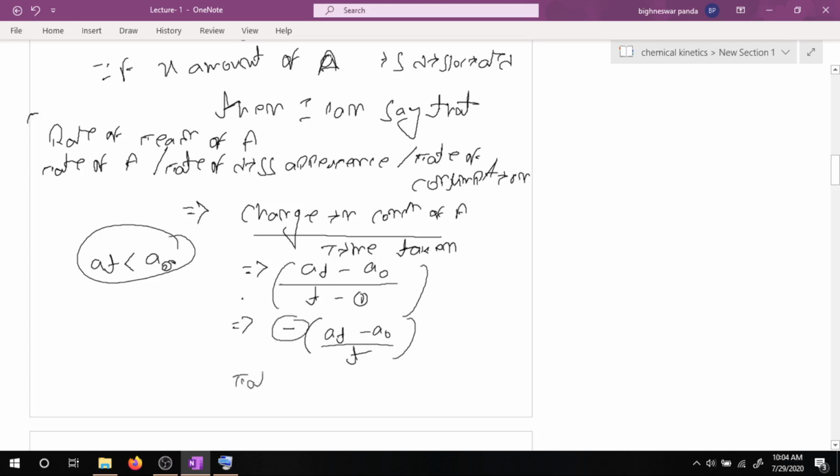Because rate does not have a negative value. So change in concentration I can write as minus delta A by delta t. This is the rate of change of concentration of A. Why is there a minus sign? Since the rate does not have a negative value, in order to make the rate positive, we have to multiply by a minus sign.